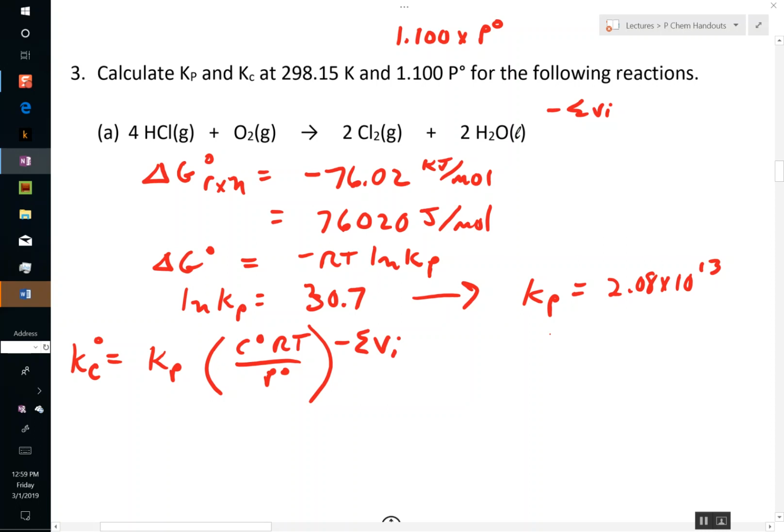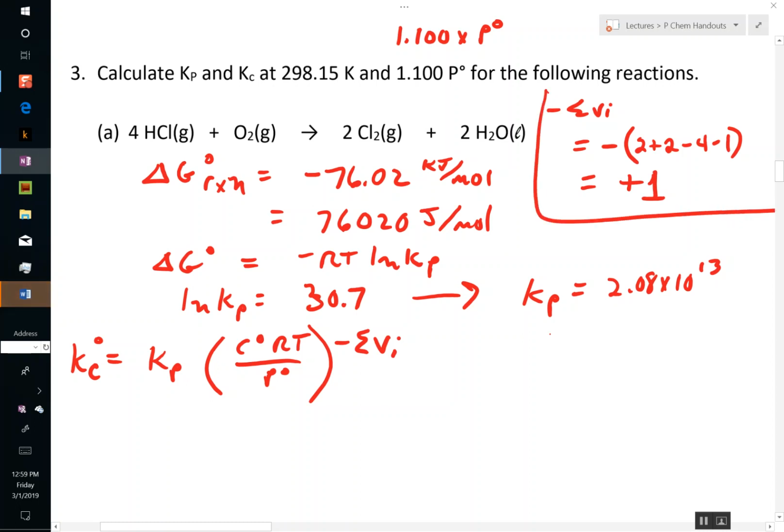The sum of the V naughts is going to be 2 plus 2 minus 4 minus 1. That would be a minus 5. With the negative, it's a plus 1. Okay? I'll just put that right up there.